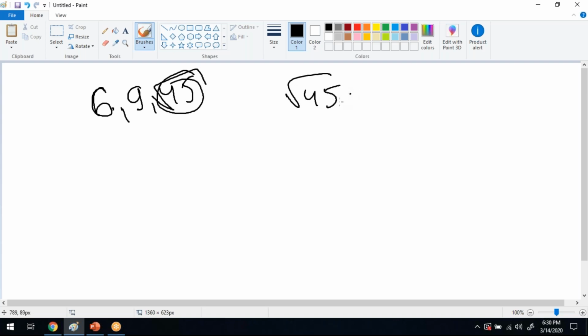Of course, I can use a calculator for this, but at the same time, I can understand logically that 45 is between two square numbers, which are 36 and 49. This is 6 squared. This is 7 squared. So the square root of 45 is between 6 and 7.